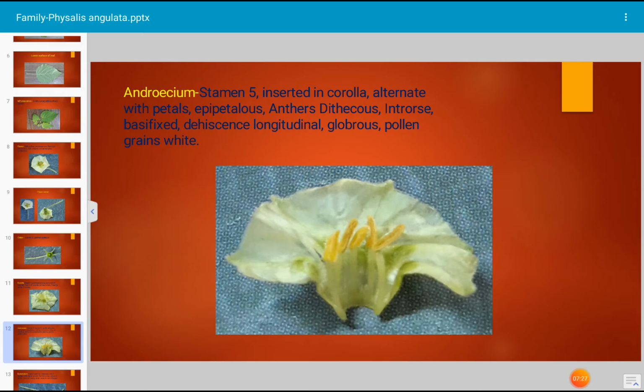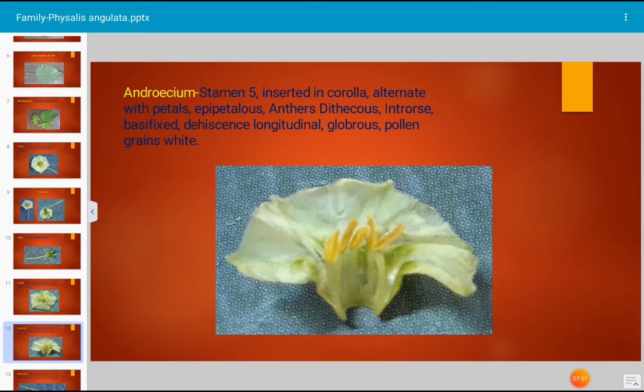Anthers are dithecous, that means two lobes. Introrse means they shed their pollen grains toward the center of the flower after maturity of the pollen grains in the anther. And basifixed means the basal region of the anther lobe is attached to the filament.